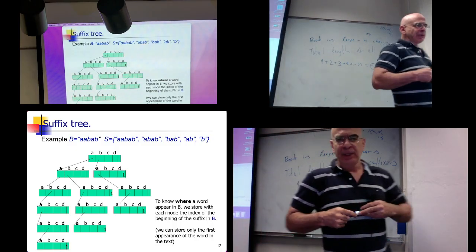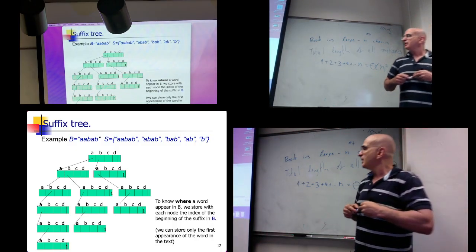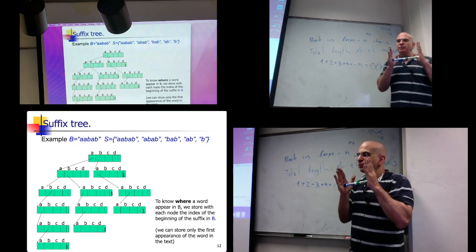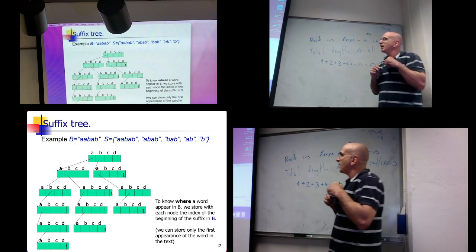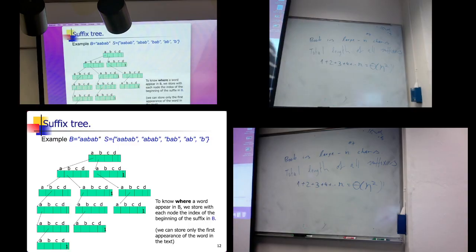So we need some trick that will help us compress the tree. And here comes a really beautiful piece of theory, very simple graph theory, that will convince us that this book is actually very practical.